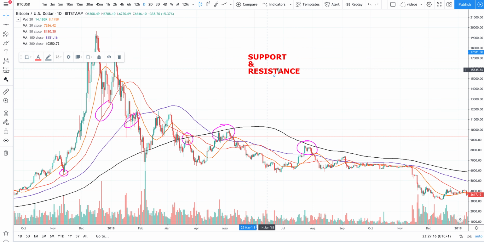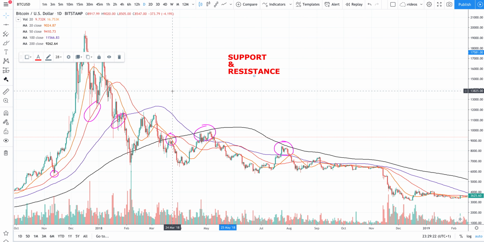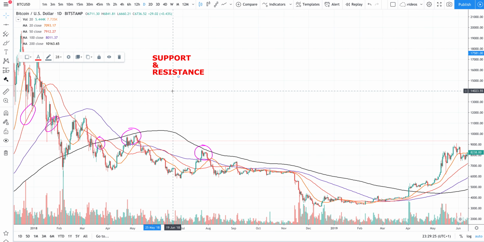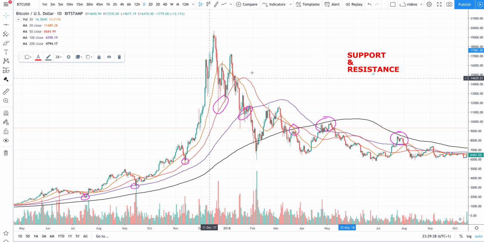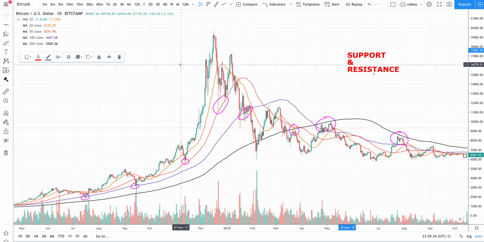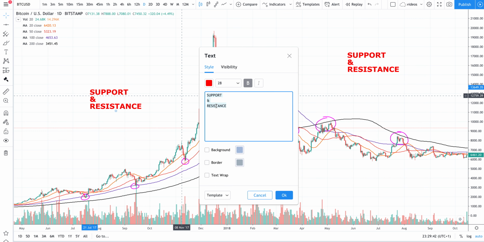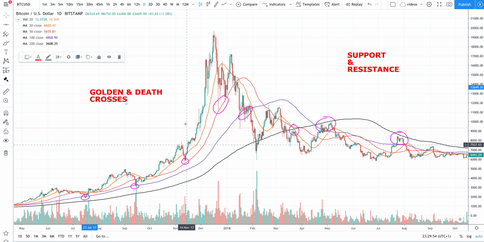But when we talk about the moving average, you can see a lot of nice information called golden cross and death cross. Golden and death crosses. What do they mean?